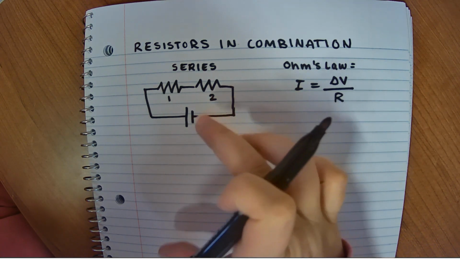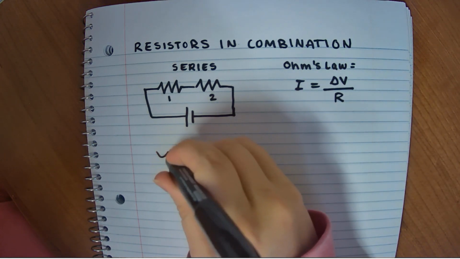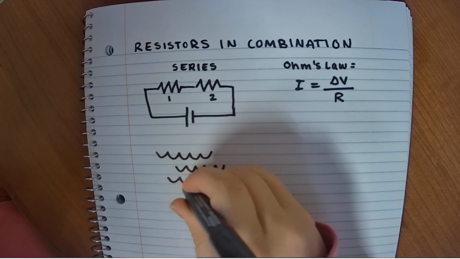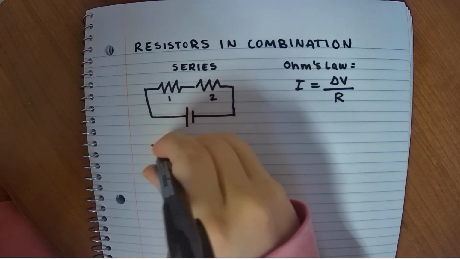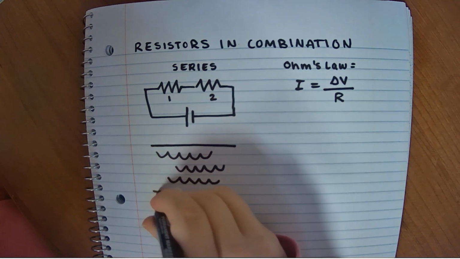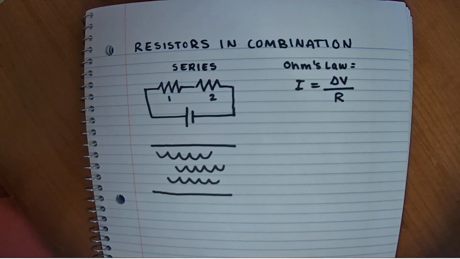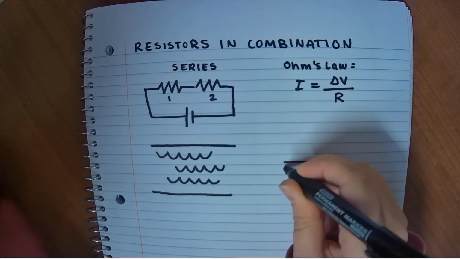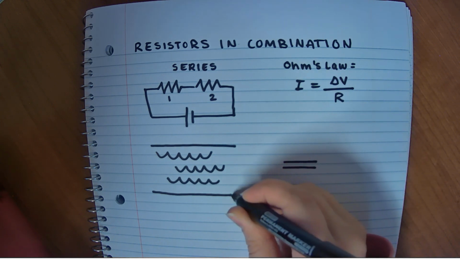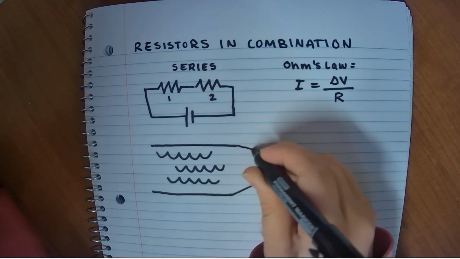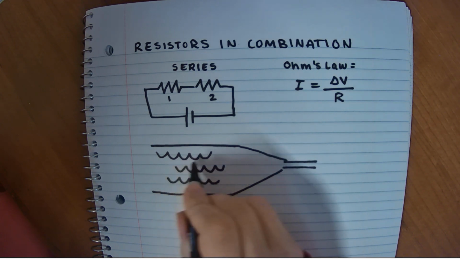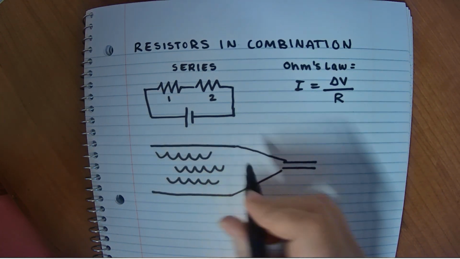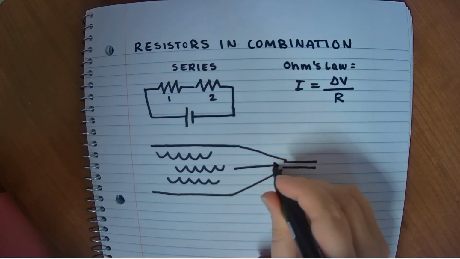If we have a really wide river, and it's flowing through something wide like this, and then all of a sudden it has to go through a tiny little straw. All of the water that is flowing through this large section of the river here has to go through this.